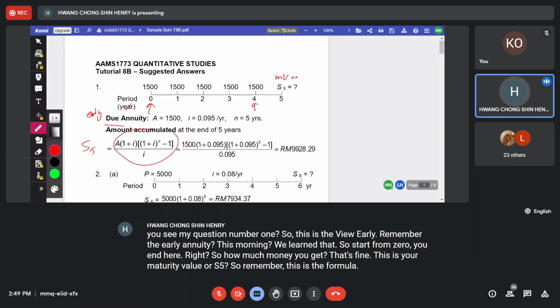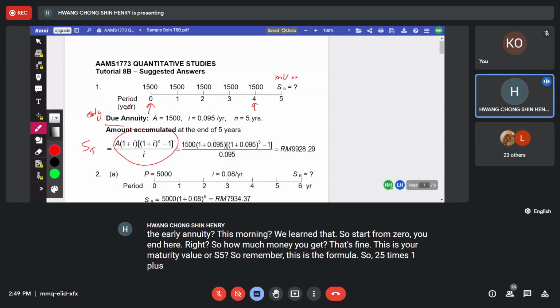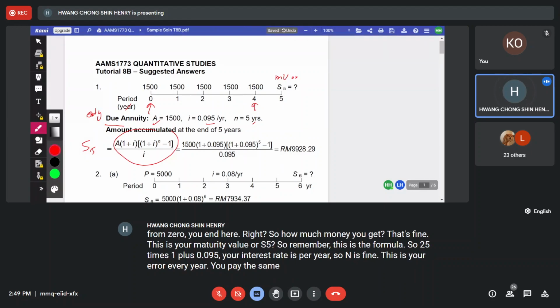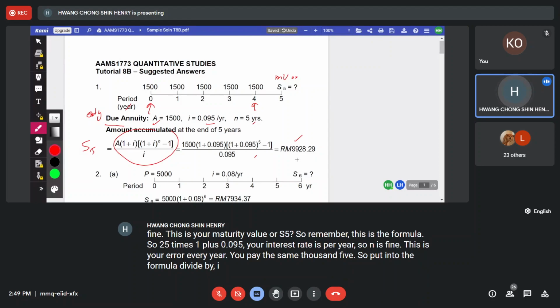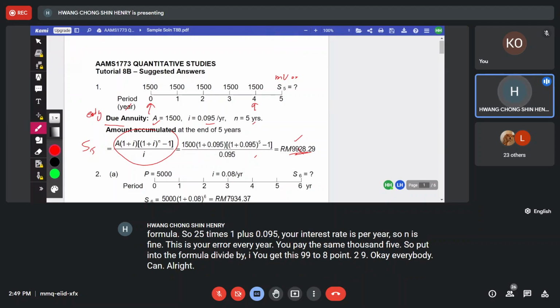So 1,005 times (1 plus 0.095) lor. Your interest rate is per year. So n is 5. This is your A lor. Every year you pay the same 1,005. So put into the formula, divide by i, you get this 9928.29. Okay, everybody? Can. All right, how about question 2?